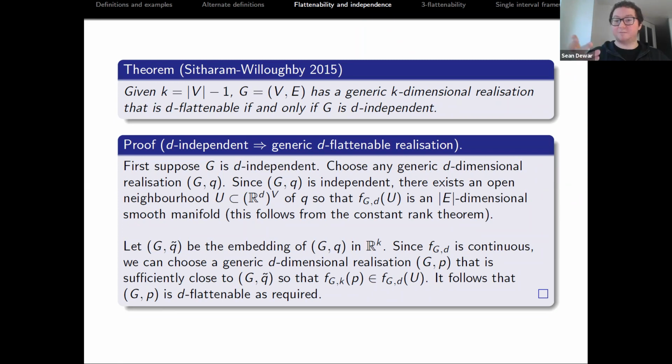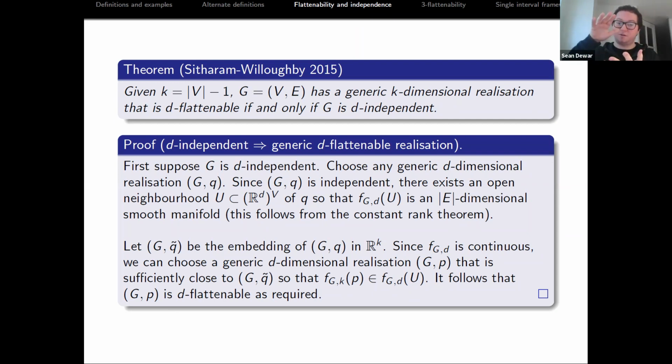Since the rigidity map FGD is continuous, we can take a sequence of generic k-dimensional realizations that approximate GQ tilde. They just keep getting closer and closer.